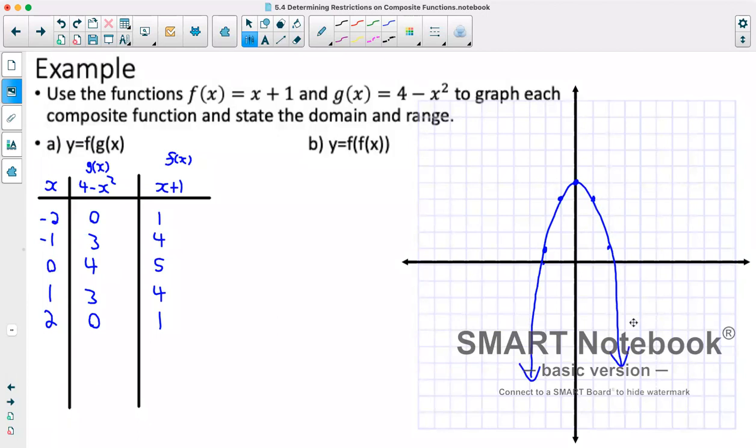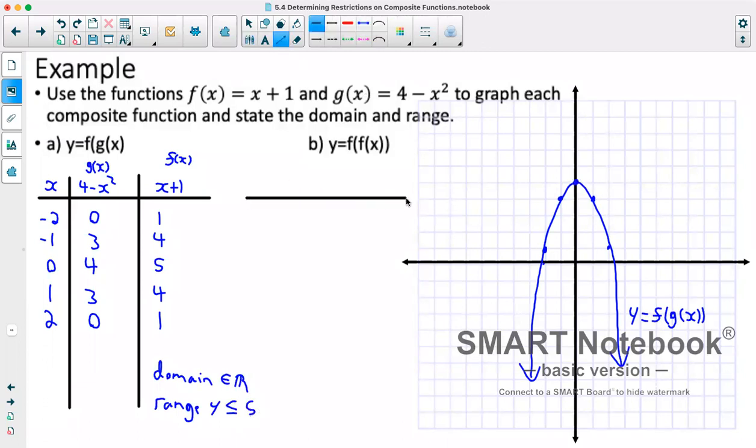So this was our graph of y equals f of g of x. So it has a domain of all real numbers and a range of y has to be equal or less than 5.